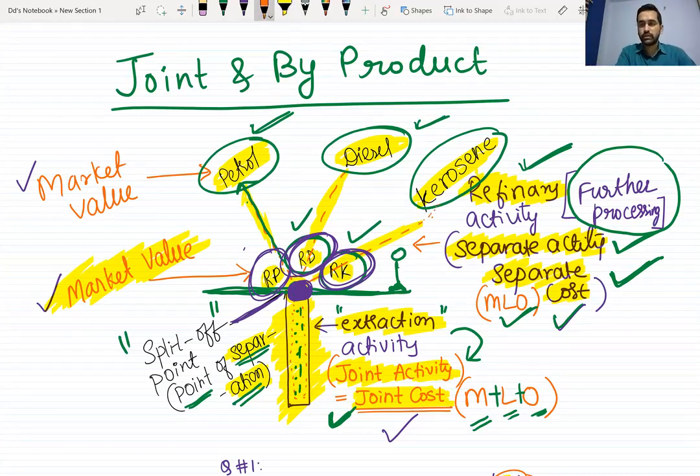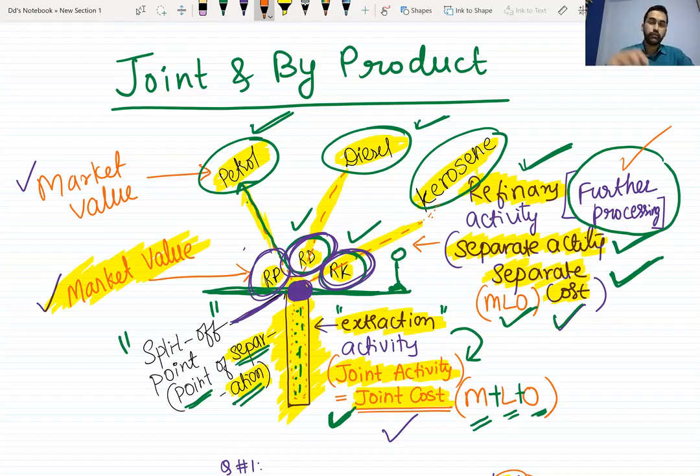Here, further processing or refinery activity. This will be a separate activity. Hence it is called what? Separate cost. Separate activity, hence separate cost. Again in bracket, material, labor, overheads.